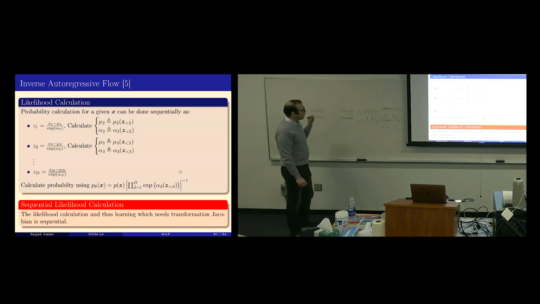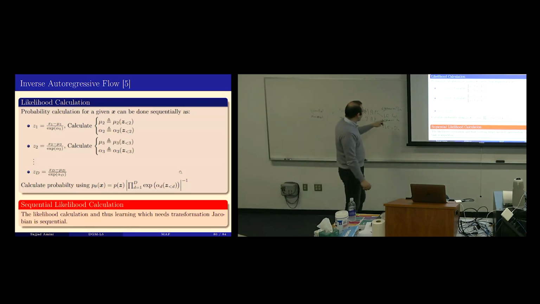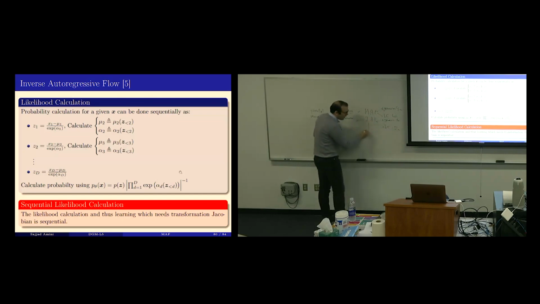The most important point in that part is that IAF, although it is slow in likelihood calculation, if the data is generated by IAF, then IAF can easily calculate its likelihood fast. In general, if you give an input X, IAF cannot calculate the likelihood of this data fast.